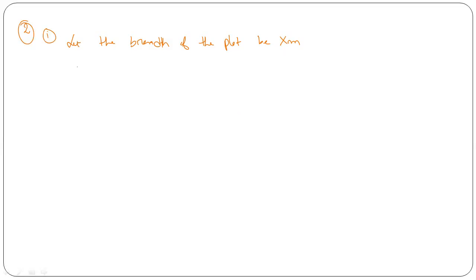Yes or no? Write down: the length of the plot will be 1 plus 2x meter.